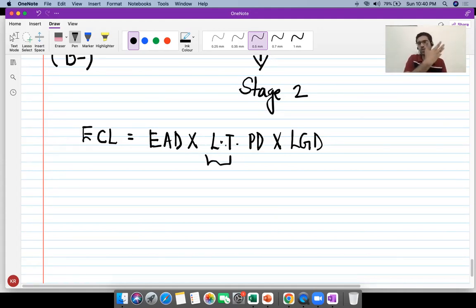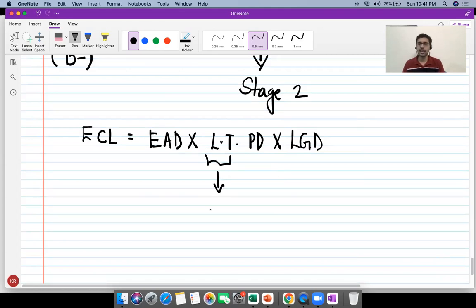Let us say the loan was 5 years, and almost 1 year has elapsed because I gave the loan on 13th of Jan. We are now on 31st of December. 1 year has passed by. I am now interested in what is the chance that Mr. X might default over the next 4 years. That is the reason it's called lifetime probability of default.